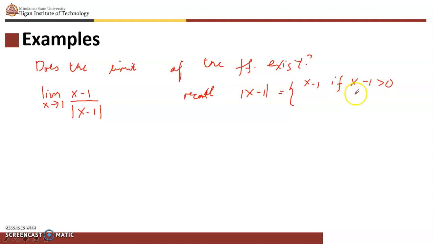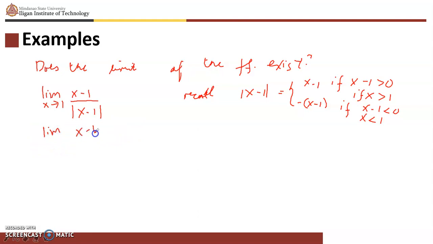In other words, if x is greater than 1. And it would be the negative of x minus 1 if we have x minus 1 less than 0. I'm going to say x is less than 1.